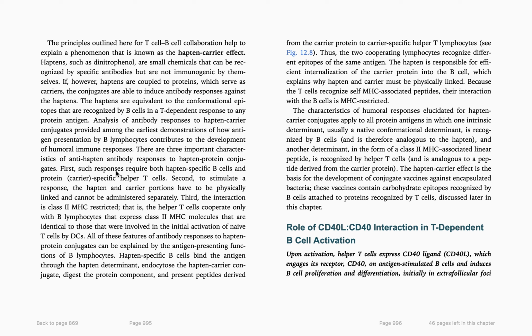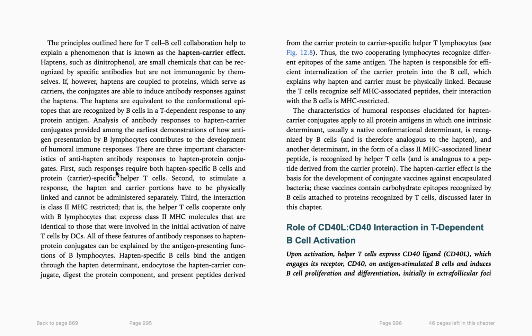All these features of the antibody response to hapten protein conjugates can be explained by the antigen presenting function of B lymphocytes. Hapten-specific B cells bind to antigen through the hapten determinants, endocytose the hapten carrier conjugate, digest the protein component, and present peptides derived from the carrier protein to carrier-specific helper T lymphocytes.